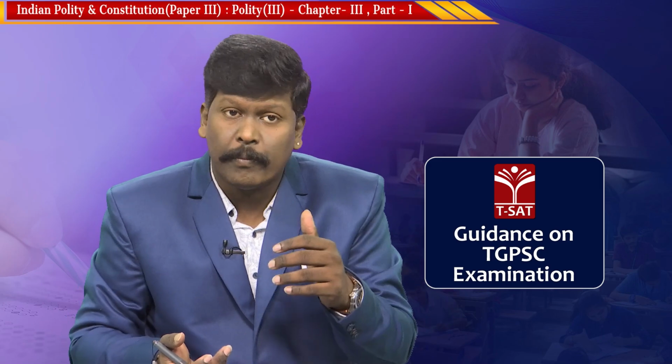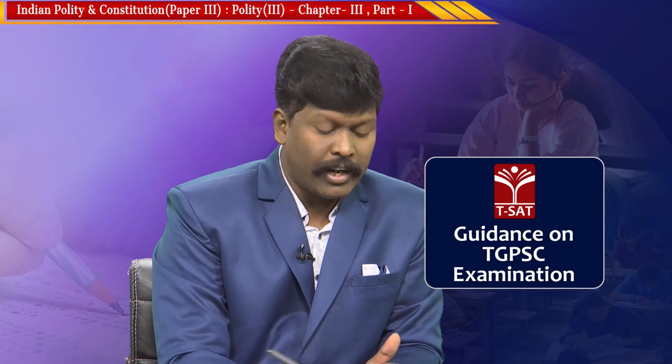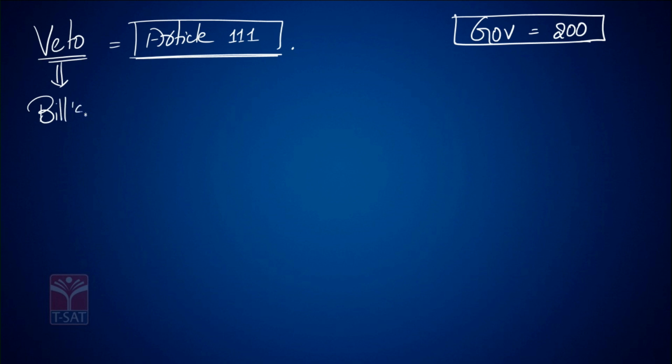Now, on what does the President have veto powers? The President can exercise his veto powers on the bills of Parliament. Here I am discussing only ordinary bills, a general bill.